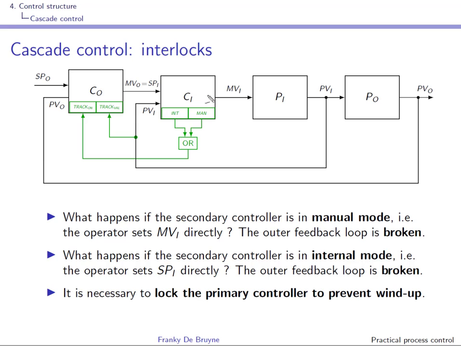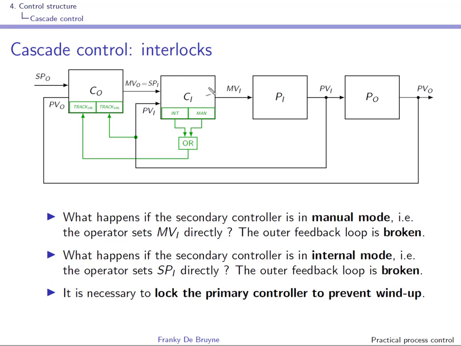You simply have to detect that this inner controller is in internal or manual mode. So this OR signal will detect that this controller is either in internal or manual mode, and you can connect it to this binary track on signal of the outer controller.